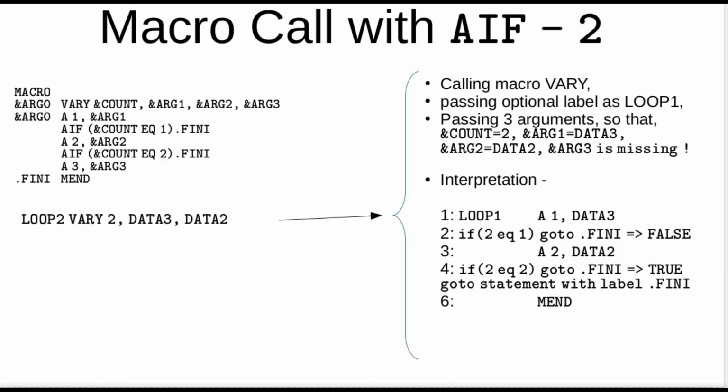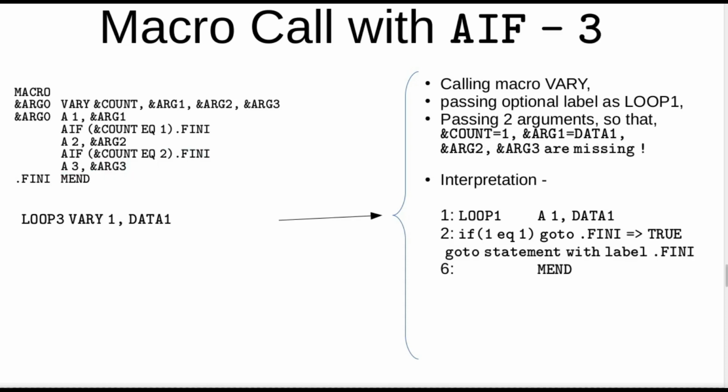We simply worked with data 1 and data 2. We did not move on to the instruction A3 ampersand arg3. We did not require that, so we simply eliminated it by manipulating the value of count variable, right? In the third example, similarly, we simply eliminated the A2 and A3 instructions, right?